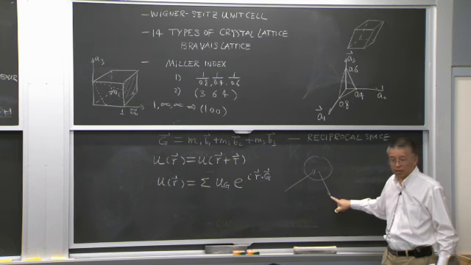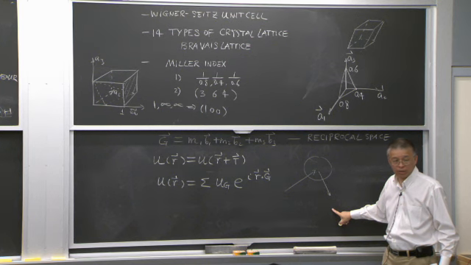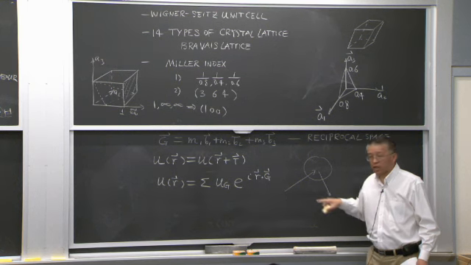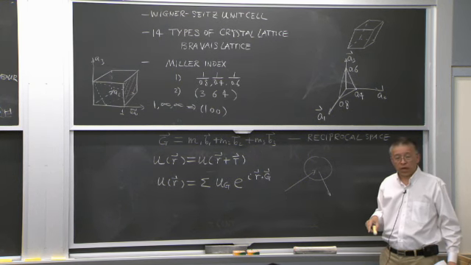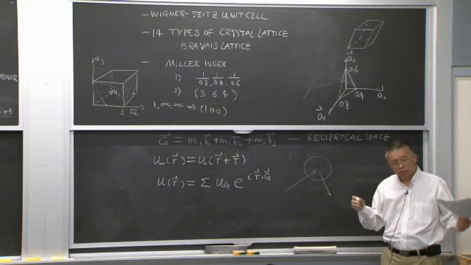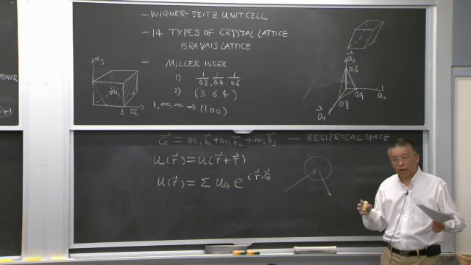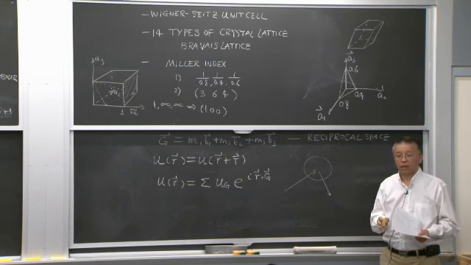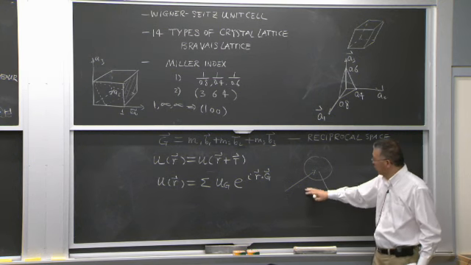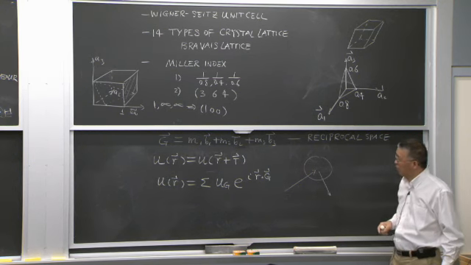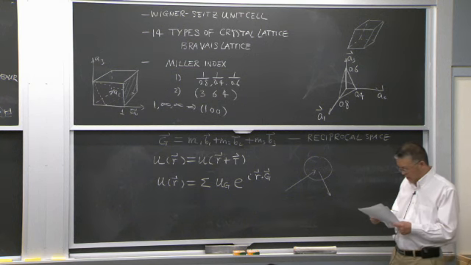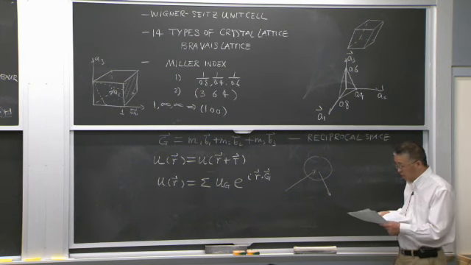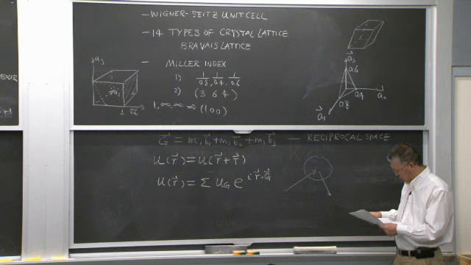Or this is not light. This could be an electron beam when you do transmission electron microscopy, or it could be X-ray. Why do you use X-ray? Because the X-ray wavelength can be very short, comparable to the lattice constant. If you satisfy this grating condition, let me write it down. I'll prove it in the next lecture.